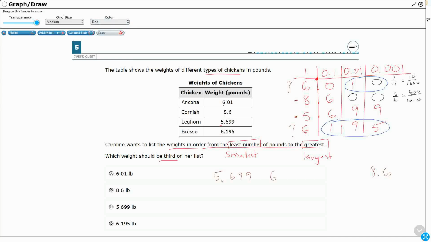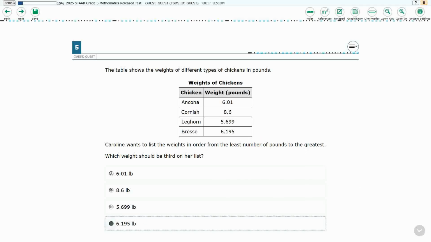So we're going to put 6.01 because that's the original number, and then 6.195. If we ordered them, that'd be first, second, third, fourth. We are looking for our third number, and so our answer there is D, 6.195, or 6 and 195 thousandths.